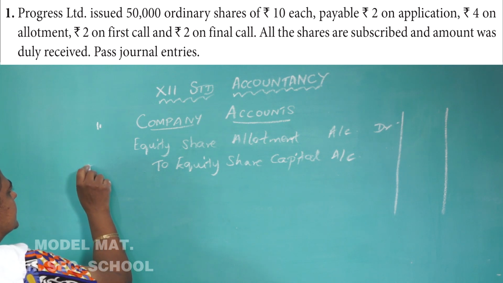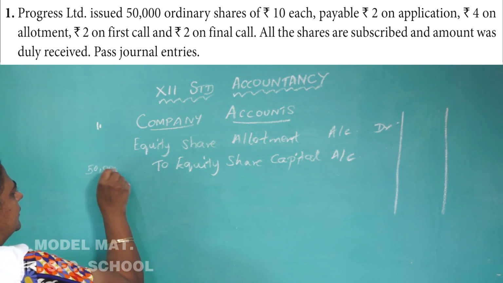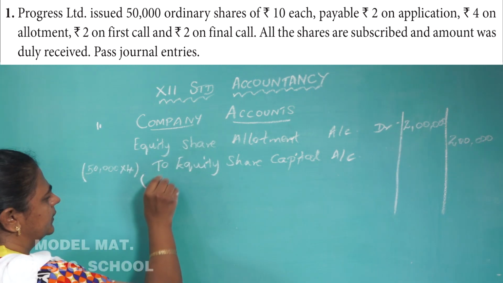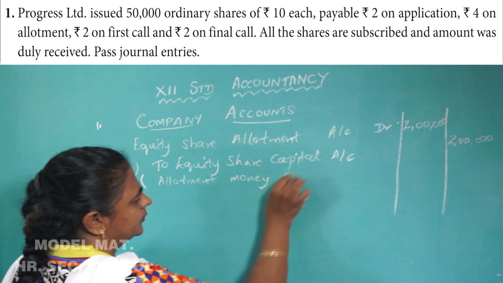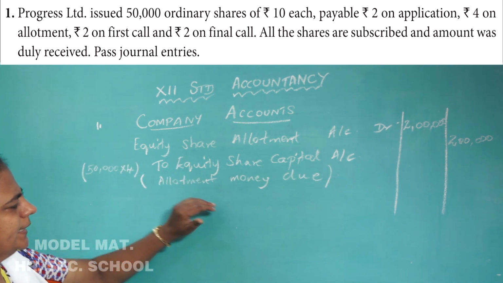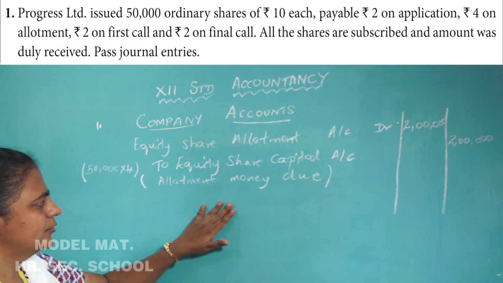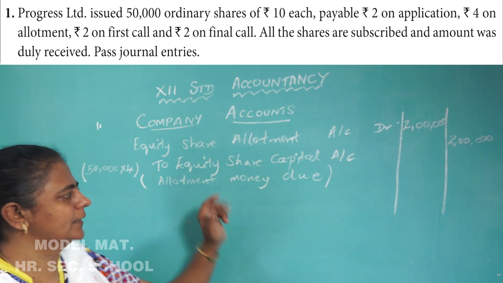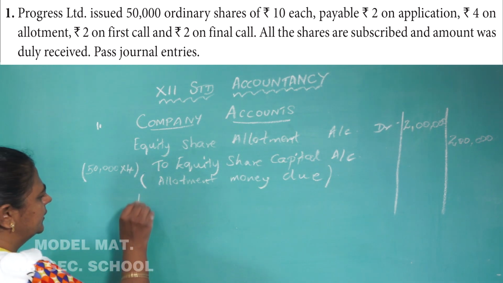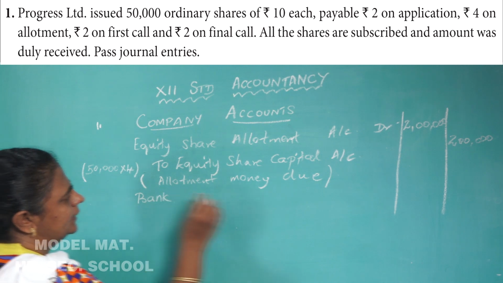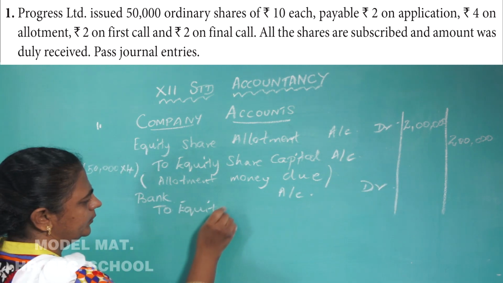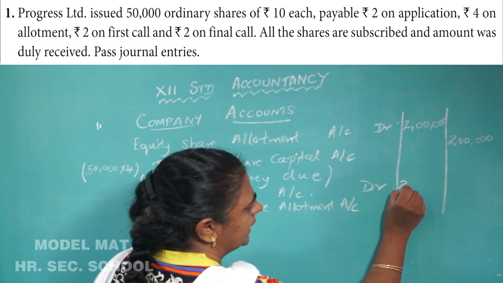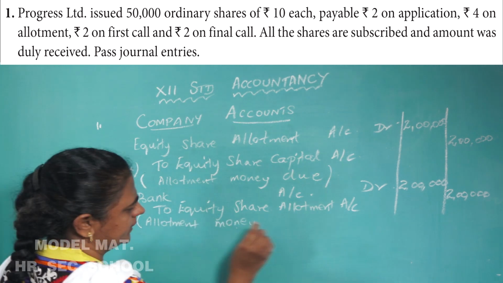Again how many shares? 50,000 shares. 50,000 into 4 is 2 lakh. Allotment money due. Next is the receipt of allotment. In the question it is given that all money is received, so there is no arrears here. When you receive the money, you write: bank account debit to equity share allotment. The same amount is copied down, 2 lakhs, allotment money received.